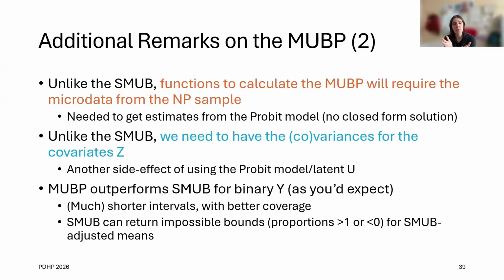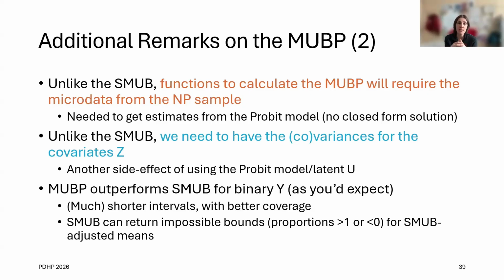In some simulations that we've done, we've shown that the MUBP outperforms the SMUB for binary y's. Of course you could pretend that y is continuous and use the SMUB, but it's not going to do well with variance estimation, as you would expect, given the mean-variance relationship for binary variables. And so the MUBP is the preferred inference option if you in fact have a binary y variable.